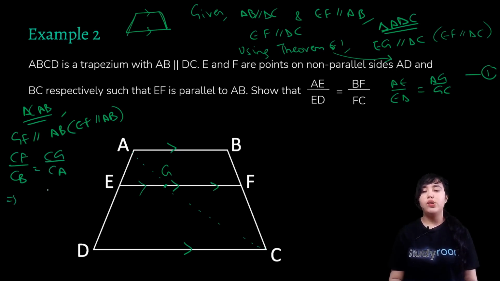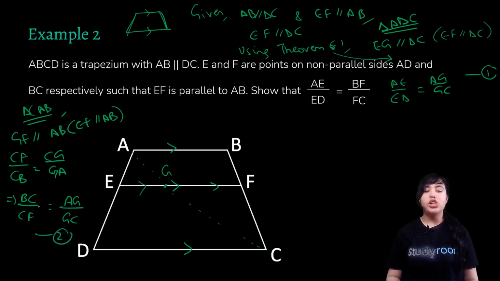And now if you take the reciprocal in this case, you will get BC upon CF is equal to AG upon GC, okay?